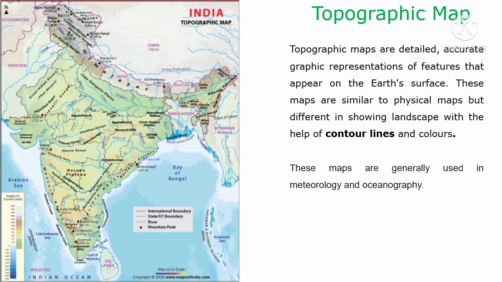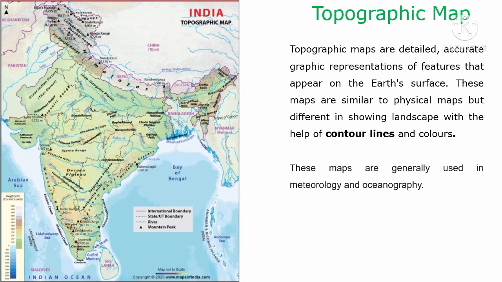These also show an accurate graphic presentation of physical features of Earth's surface, but the difference is, in a physical map we said that it was indicated through colors, but in the topographic map these were shown with the contour lines. Generally, these topographic maps are used in meteorological department and oceanography.